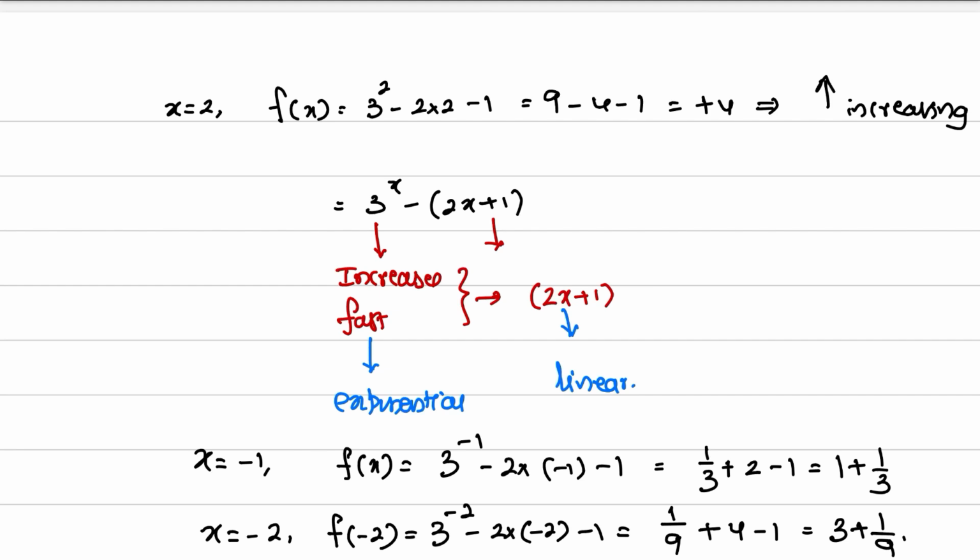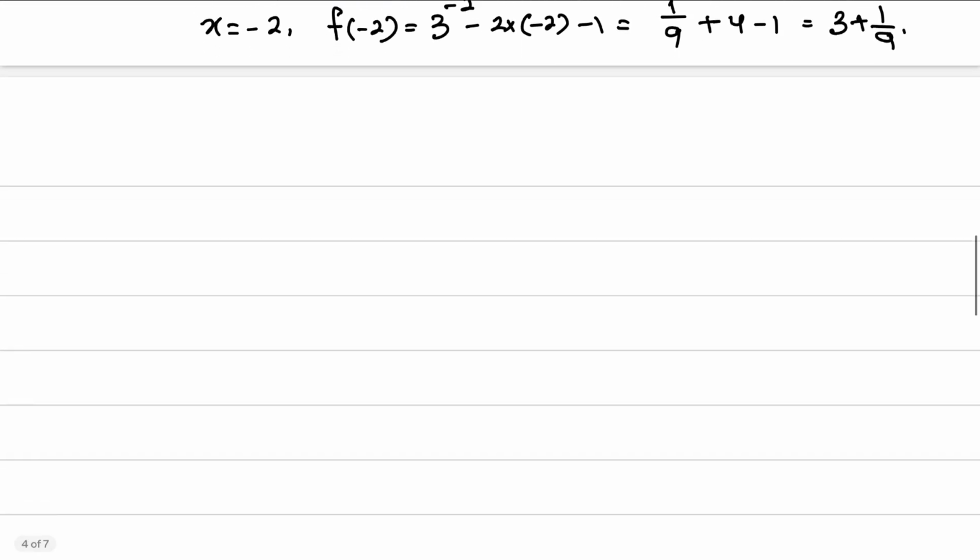Here, 3 to the power of negative values will be changing at a lesser rate than the linear. Linear moves faster than the exponential when power is negative.